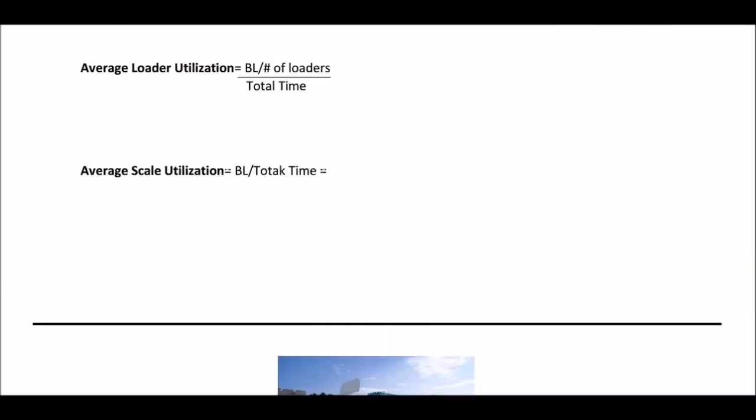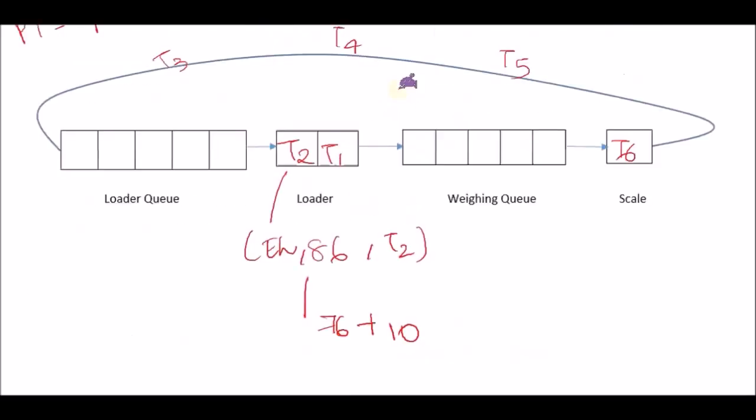So how do you calculate average loader utilization? It is calculated using this formula, that is BL, which we calculated, divided by the total number of loaders and the total time taken. So in our case, the BL at the end was 49, and how many loaders did we have? 2, divided by the total time, which is basically the instance at which we stopped.